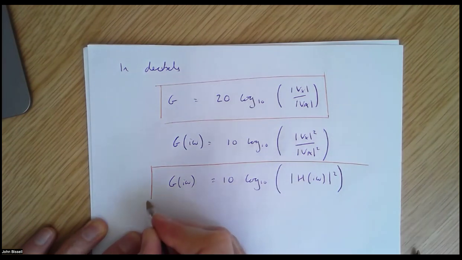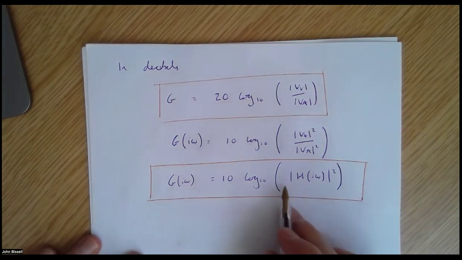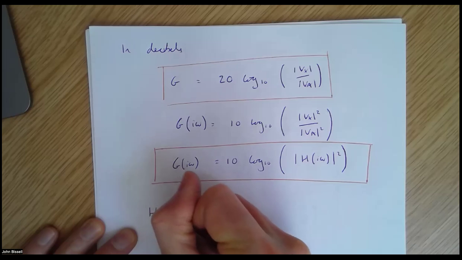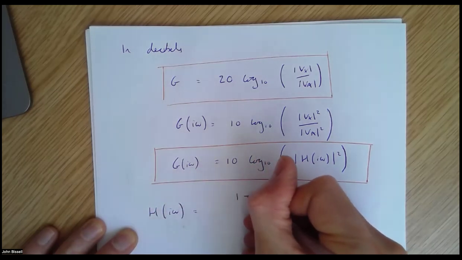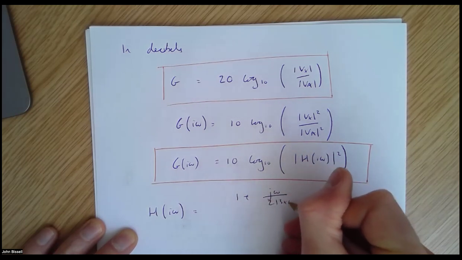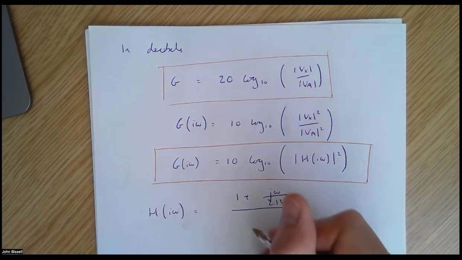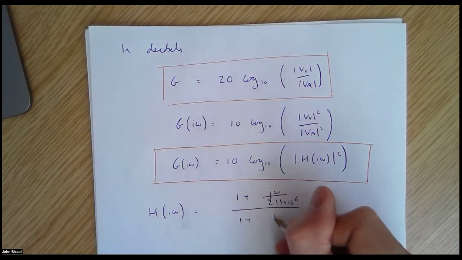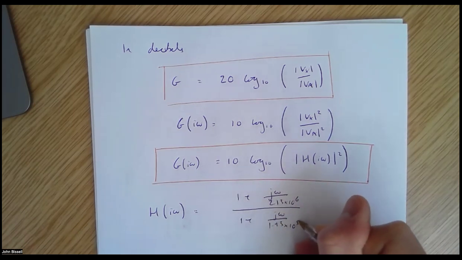Now, why am I writing it like this? The reason is, let's think about our frequency response. Remember, it looked like this: 1 plus j omega over 2.13 times 10 to the 6, over 1 plus j omega over 1.93 times 10 to the 5.